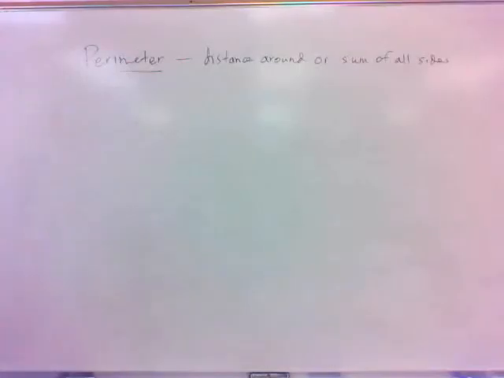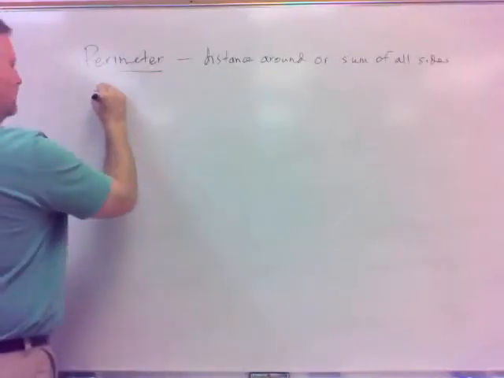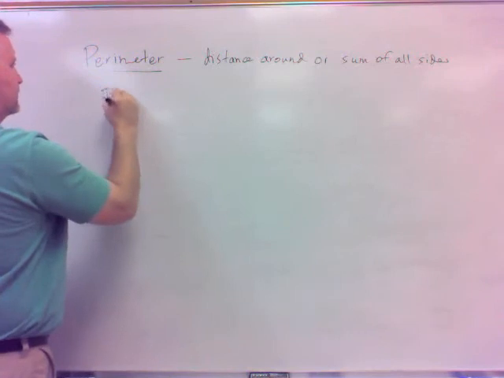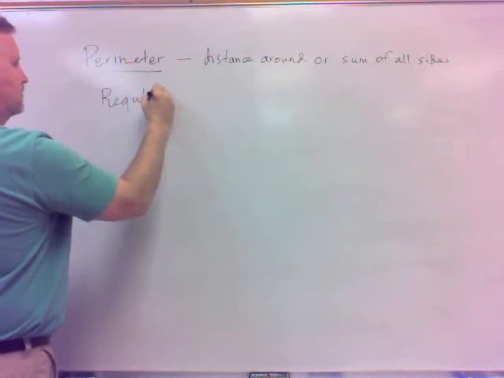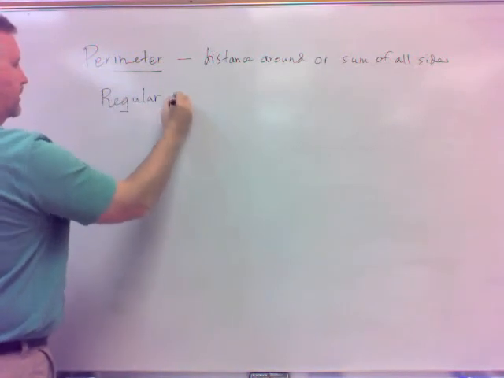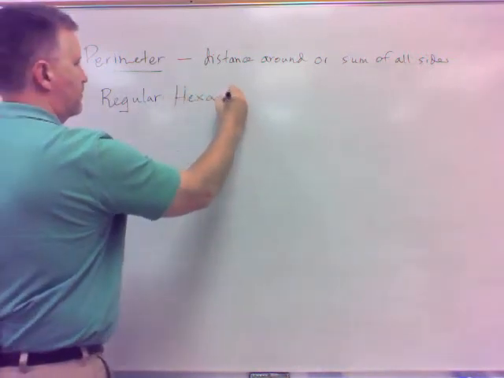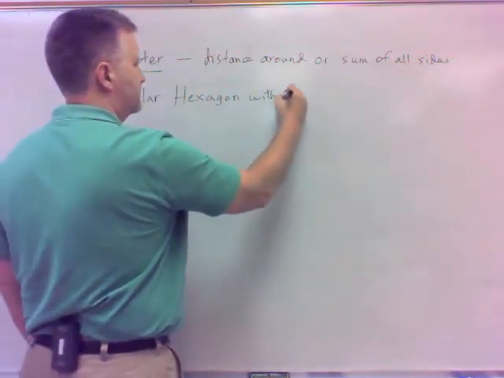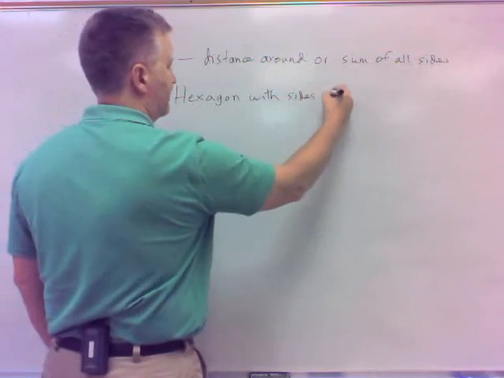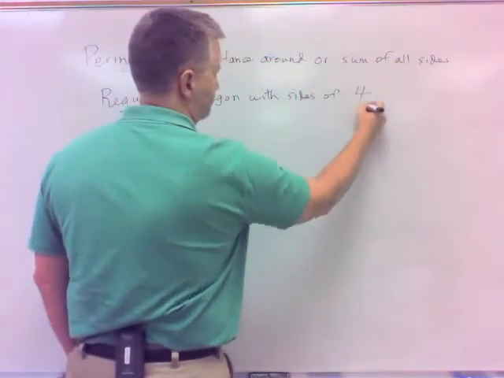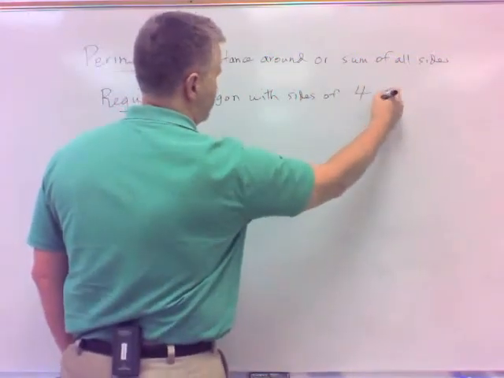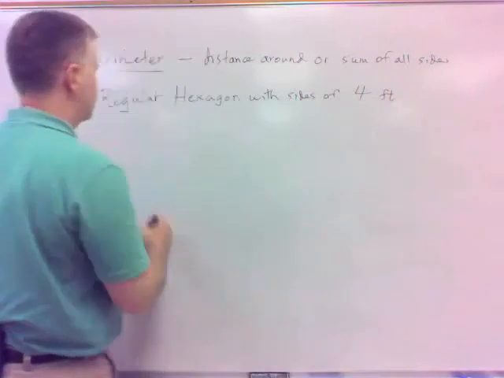So if I have a regular hexagon with sides of 4 feet, what's the perimeter?